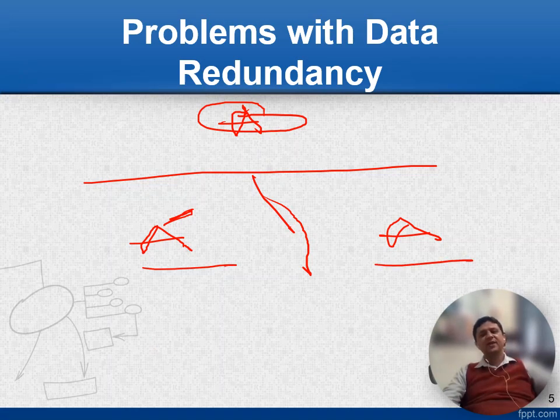So this is inconsistency. The consistency has been broken, the integrity has been broken, and this is a very serious issue, because if the consistency of data is broken, all of the decisions whose support we want to take from the database system or the information system can be incorrect, because they would be based upon incorrect data. So this is a very, very serious threat to the actual objectives that we want to achieve using an information system.